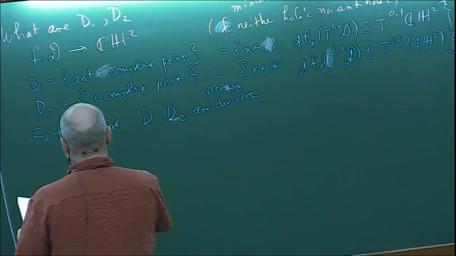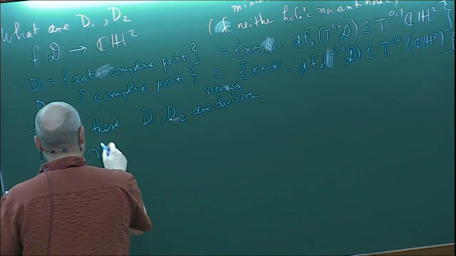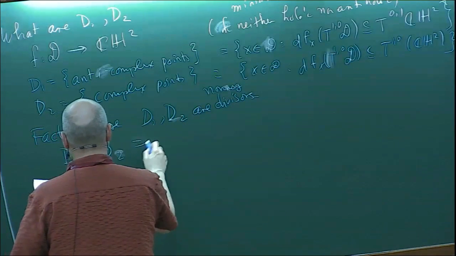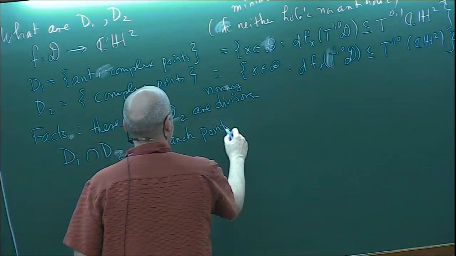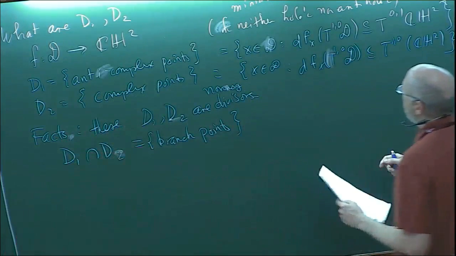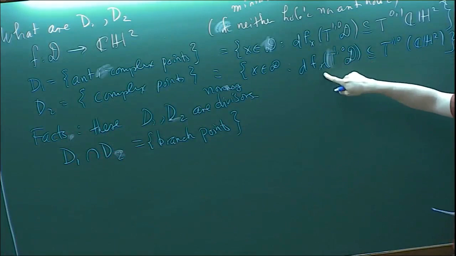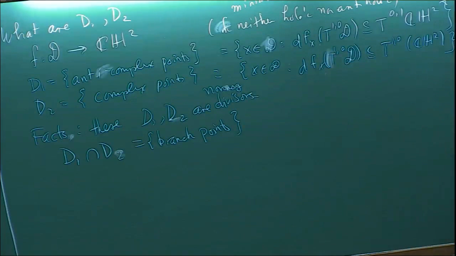And moreover, the intersection of D1 and D2 is just going to be the branch points. So you can see that the branch points are when df actually collapses, so that's when this is no longer an immersion. All right?